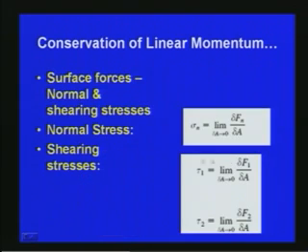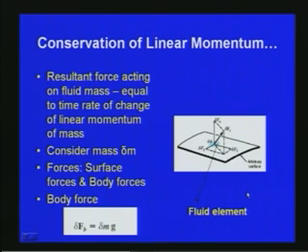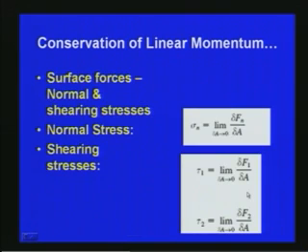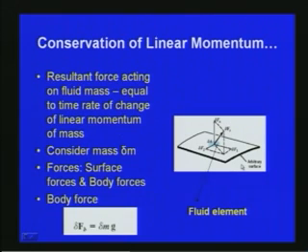Now the other surface force is the so-called shearing stress. As shown in this figure, it can be split with respect to the forces F1 in this direction and F2 in the other direction. So F1 is in the x direction, F2 in the y direction.